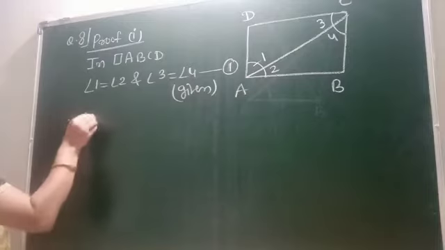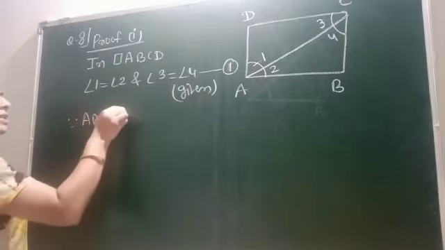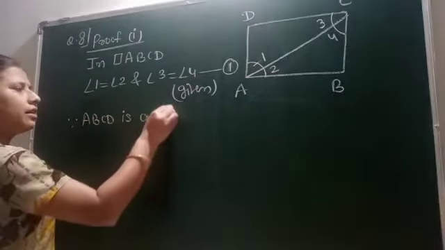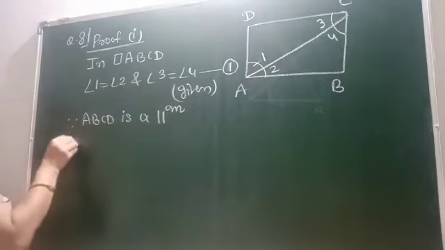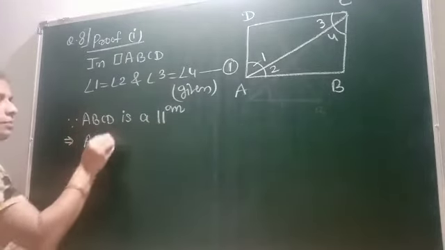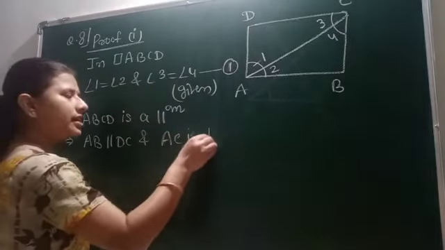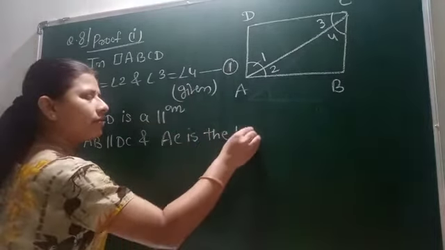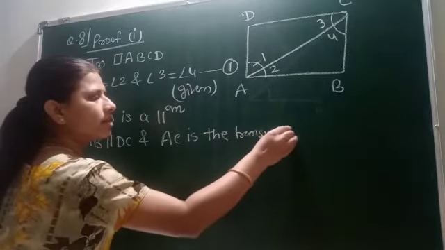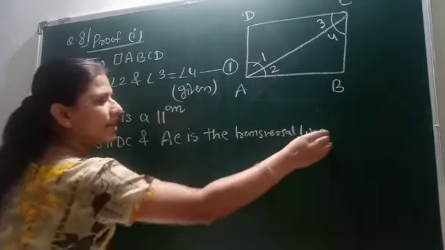Since ABCD is a parallelogram, AB will be parallel to DC, and AC is the transversal line.